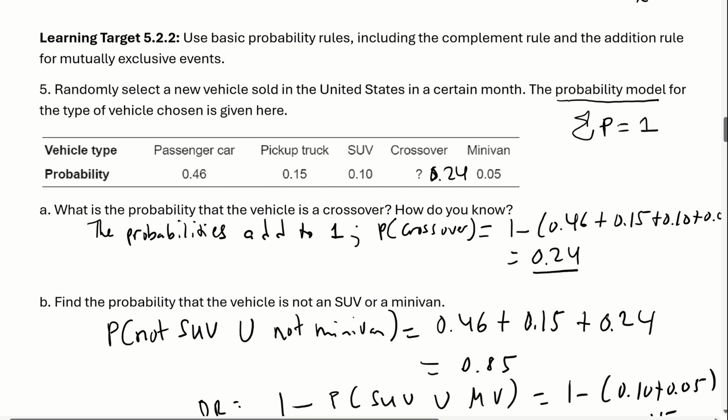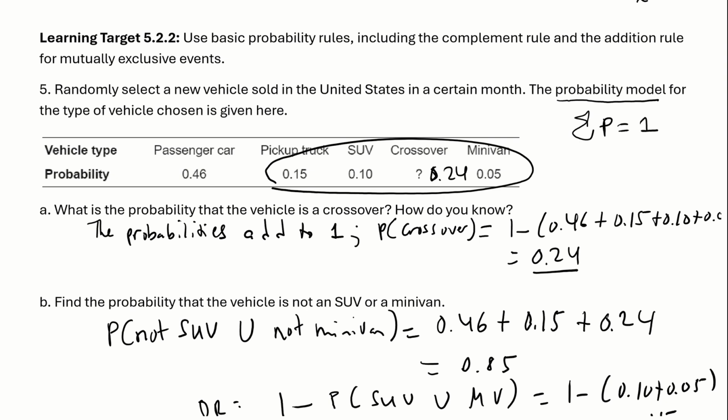So I need to add those 4 probabilities on the bottom. Now, out of these 4 probabilities, what's the probability of a pickup truck? Well, that's 0.15, right? So 0.15 is on the top, and then adding all of these goes on the bottom. Okay, so remember the red is the pickup truck and not passenger car.